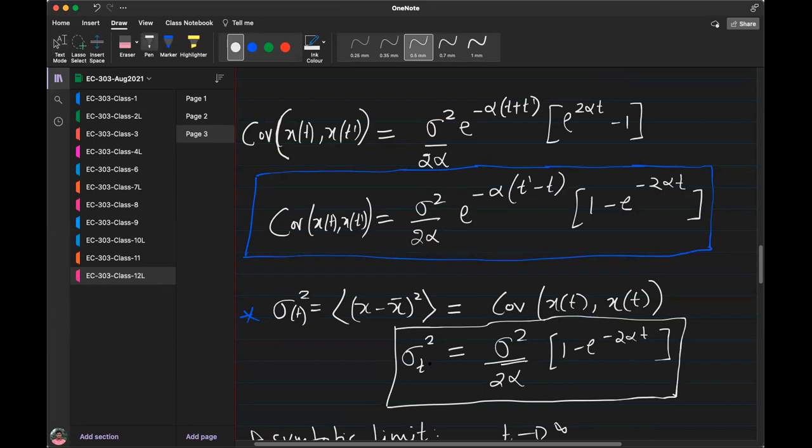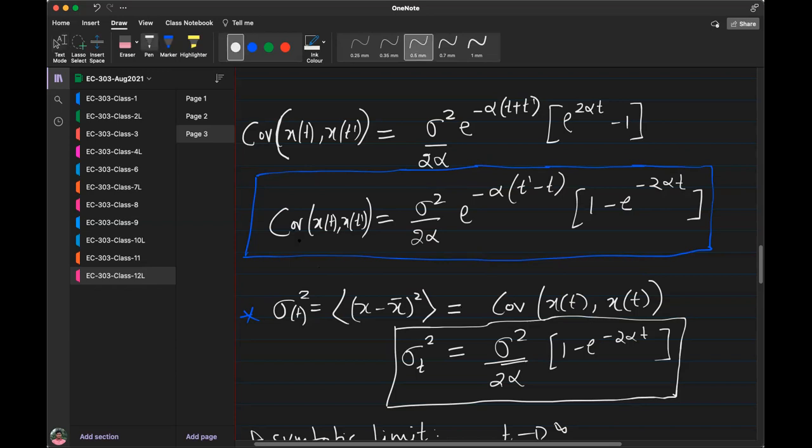To make life easy, I'm going to assume that t and t prime are not so far apart that I have to worry about the distinction between sigma t square and sigma t prime square. You should try it out entirely by yourself, but the results really don't change too much even if you were to account for that difference.